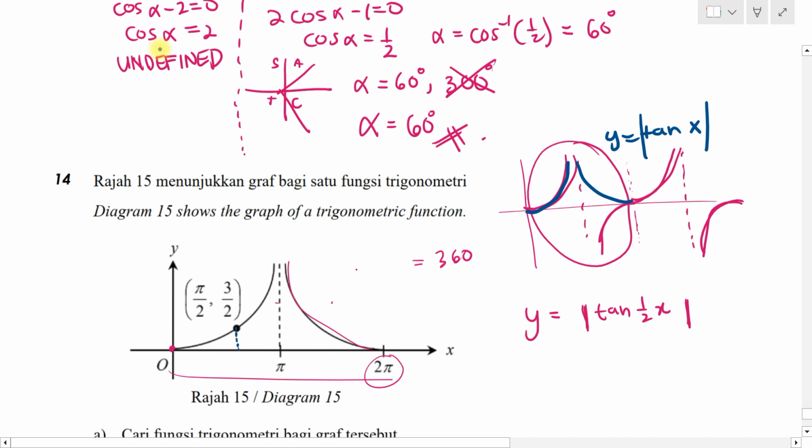But because here it's already 1.5. So what should be the maximum? Pi over 2 is 1.5. This is pi over 2.